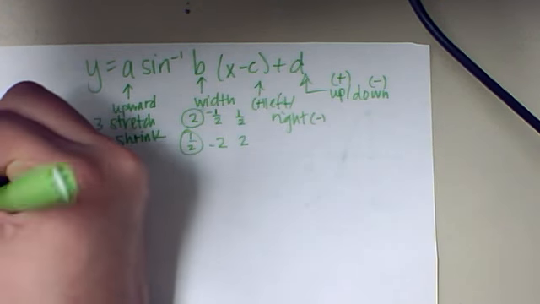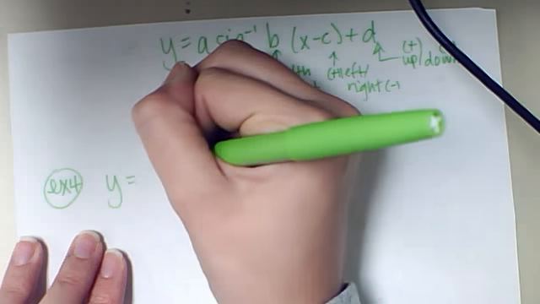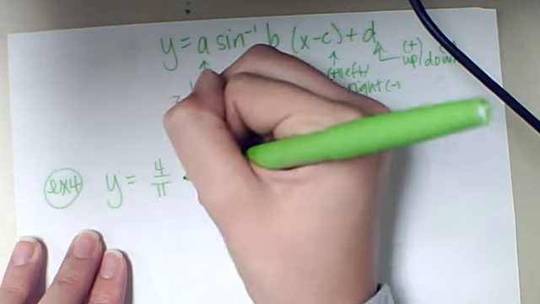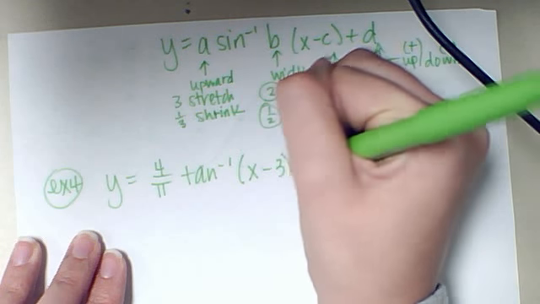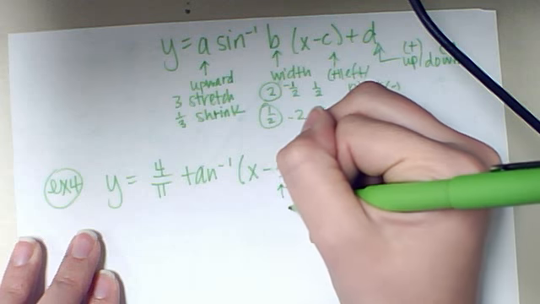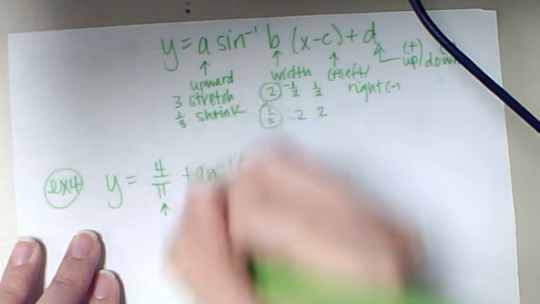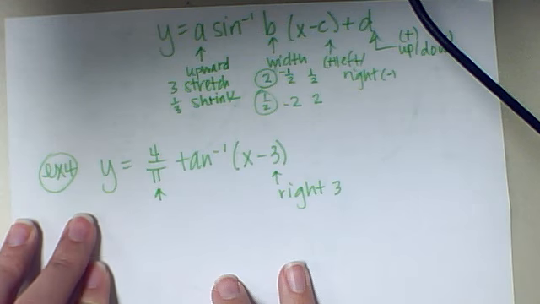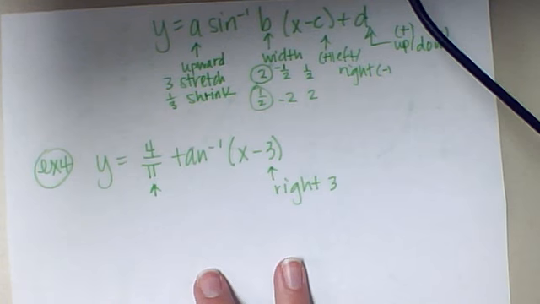Let's look at one more example of a transformation. Example number 4. Y equals 4 over pi tangent inverse of x minus 3. The minus 3 tells me I'm going to move right by 3. The 4 over pi tells me that I'm going to multiply my vertical stuff by that number.